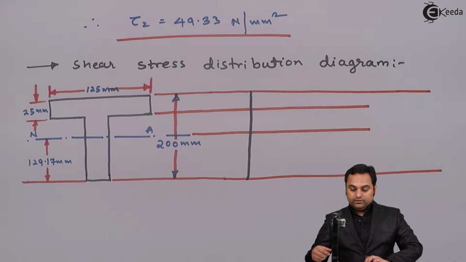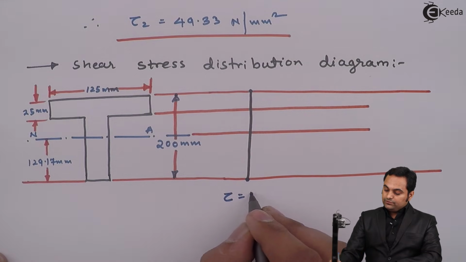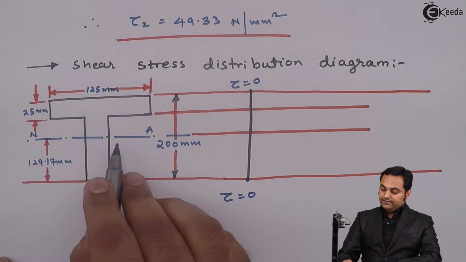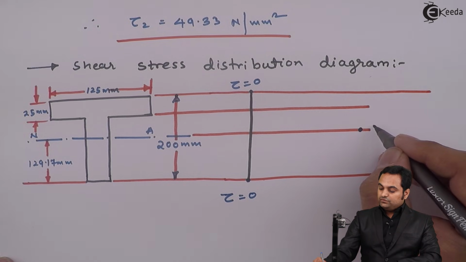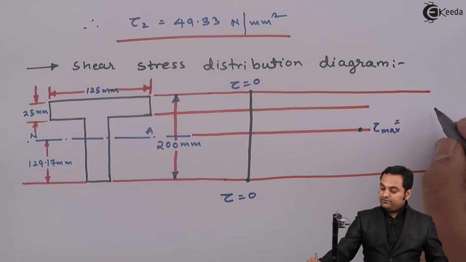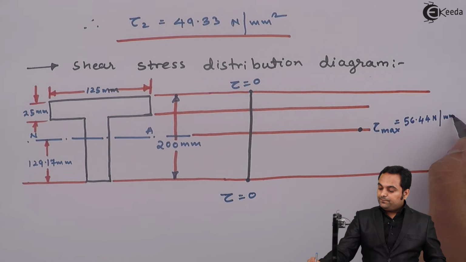Now, at the extreme corners, the shear stress value is 0. So tau is equal to 0. Then at the neutral axis the shear stress is maximum, so here I'll write down tau max, value was 56.44 Newton per mm square.